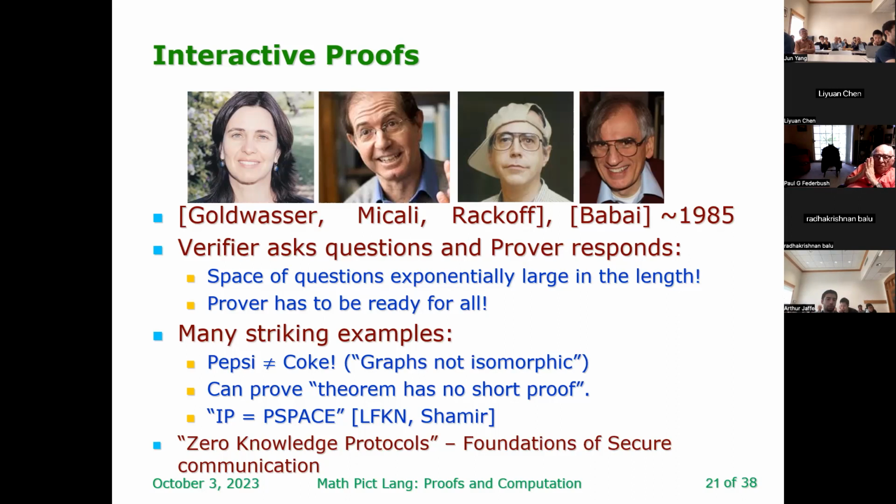I withdrew $100 from the bank. It doesn't mean you get carte blanche to withdraw $100 whenever you want. So in cryptography, you really care for this thing, and you can actually build beautiful mathematical definitions and achieve them. And these are all possible because of this randomness and interaction in proofs.